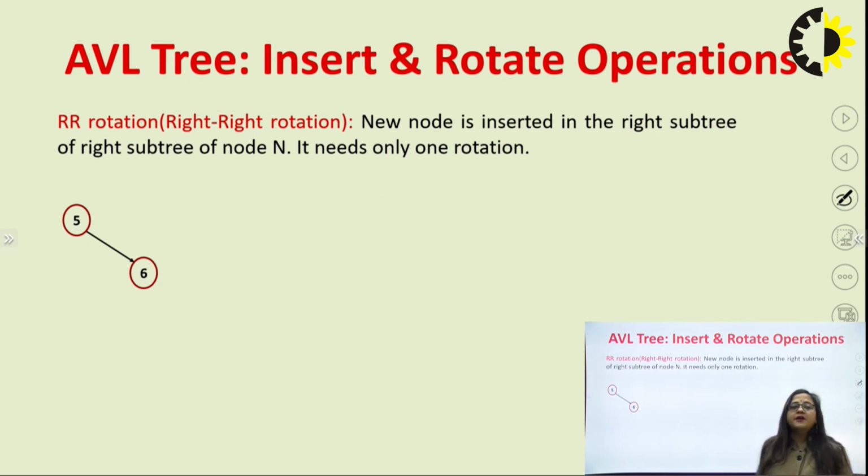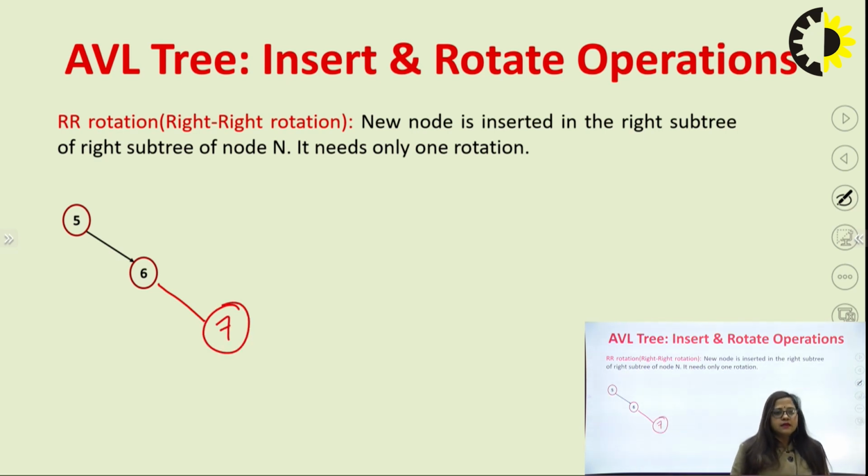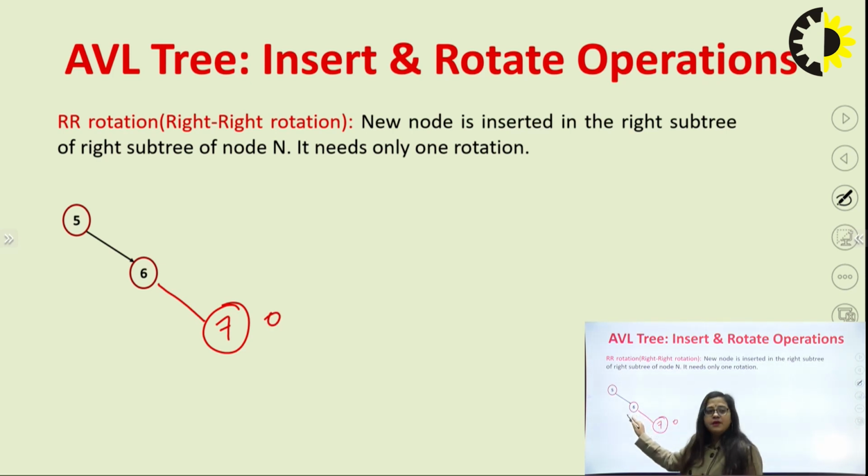Next one is right rotation. Right rotation means if you insert a new node in the right direction of this subtree, then you need one rotation. Let's suppose the next number to insert is 7. The same condition occurs. What is the balance factor of this number? 0, because there is no child. Check the next number: right minus left, 1 minus 0, so it is 1.